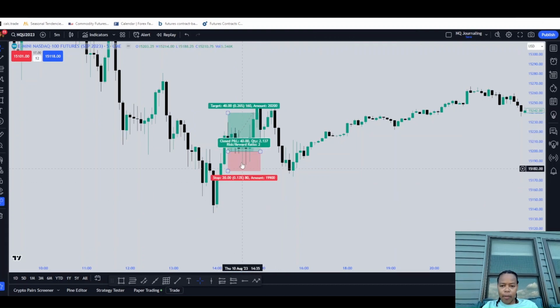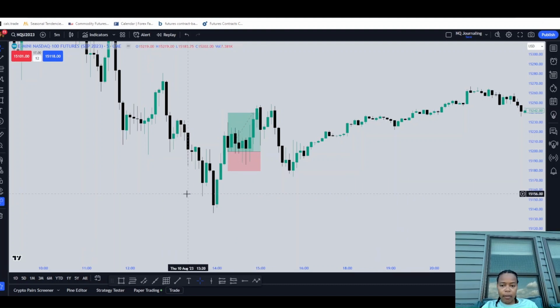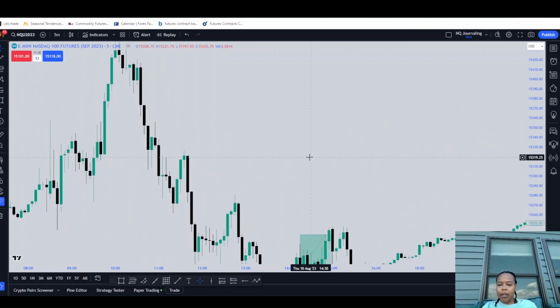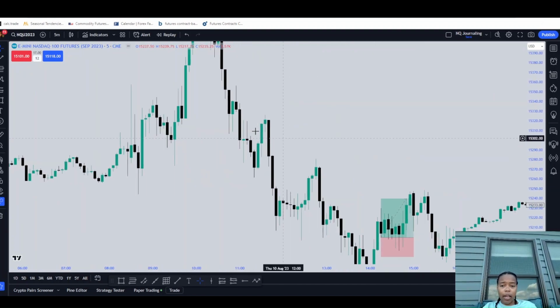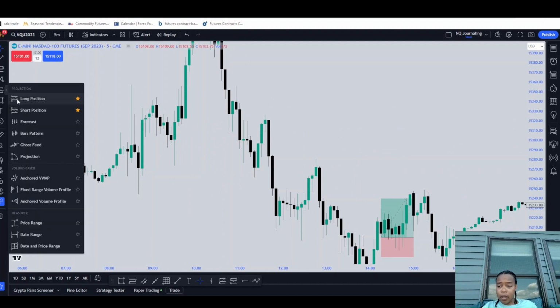Would have been fine. Would have had to deal with all this drawdown, which sucks. But, yeah. Bullish breaker. They stayed inside of the wick. Beautiful. My entry might have been a little bit lower, but look at that. 160. Easy. So if I stick with this very, very simple, and I mean seriously simple.